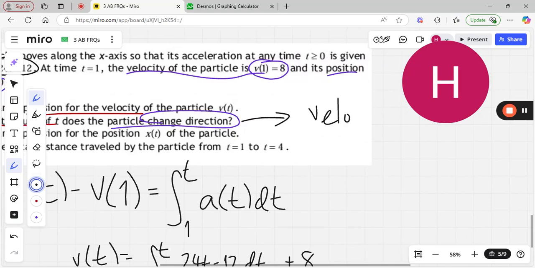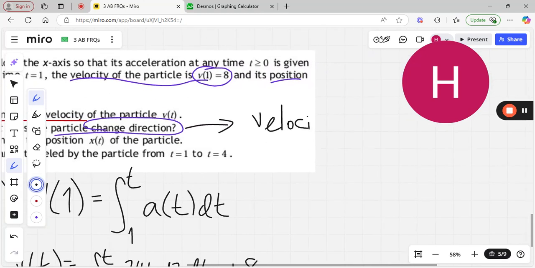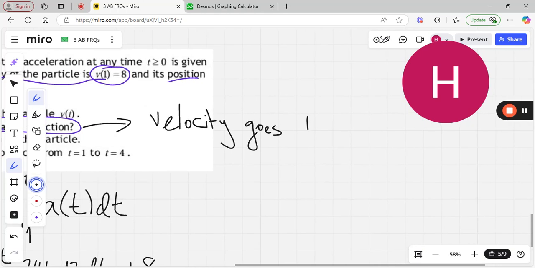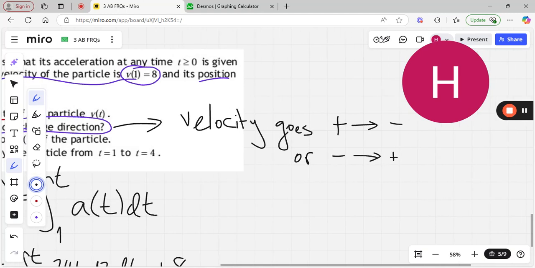Well, that means that the velocity goes from positive to negative, or negative to positive. I'm going to write this like that because I am a math person, so I am lazy. But it makes perfect sense, right? Velocity changes sign. You could also write the velocity changes sign, but I prefer to write it like this.